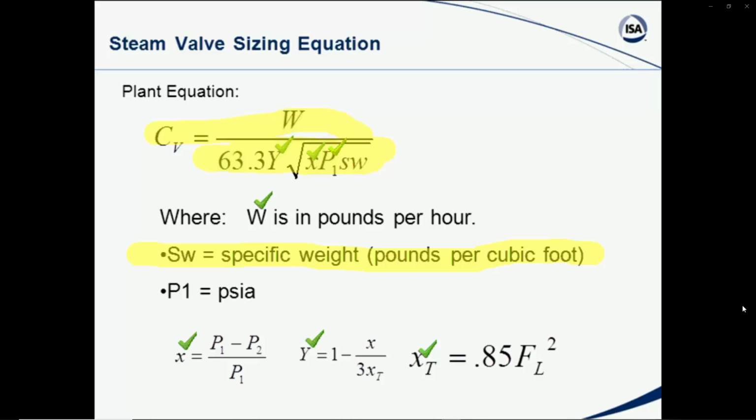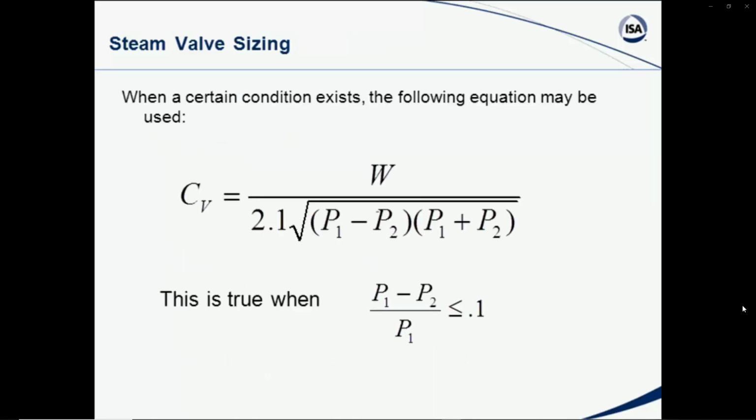You can find this in various steam tables, just like you can find different saturation temperatures and pressures, but this would be specific weight, or if you want to call it density, pounds per cubic foot of the steam. You can use this equation as the general steam valve sizing equation that's been derived, and you can find all these other characteristics that you might need as far as sizing a steam control valve.